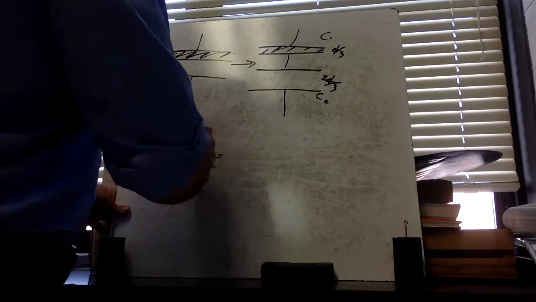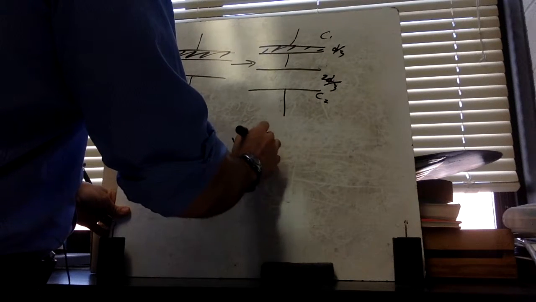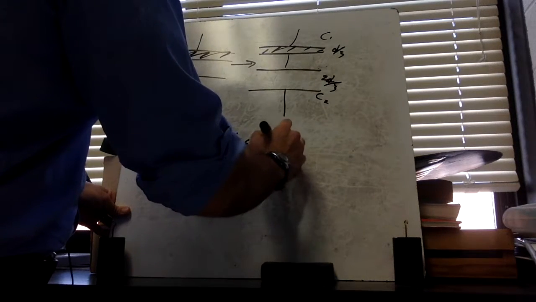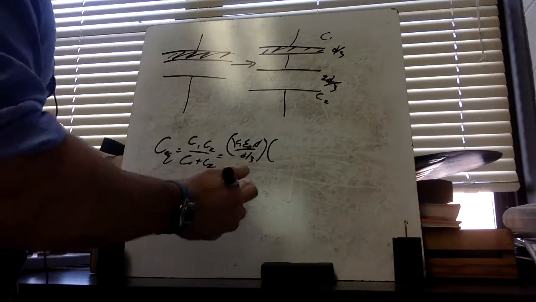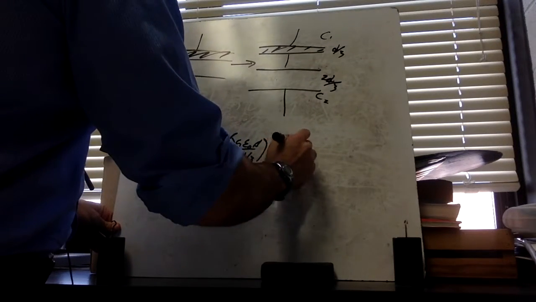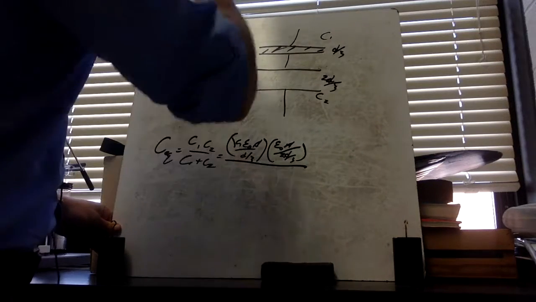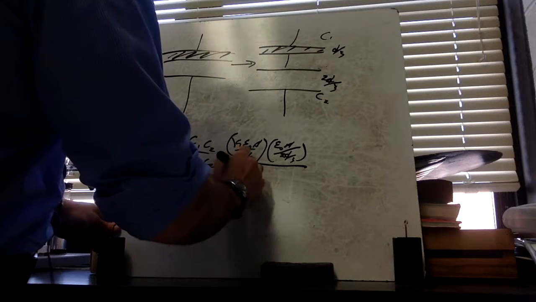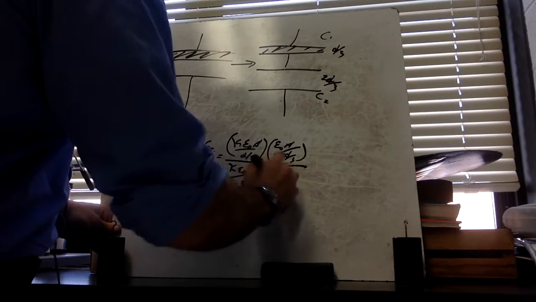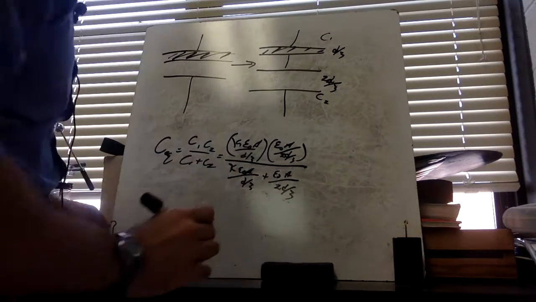Well, C1 is going to be kappa epsilon naught A over d over 3, and there's no kappa on the other because this is just the air-filled one, epsilon naught A over 2d over 3. Then I add these up: kappa epsilon naught A over d over 3 plus epsilon naught A over 2d over 3.